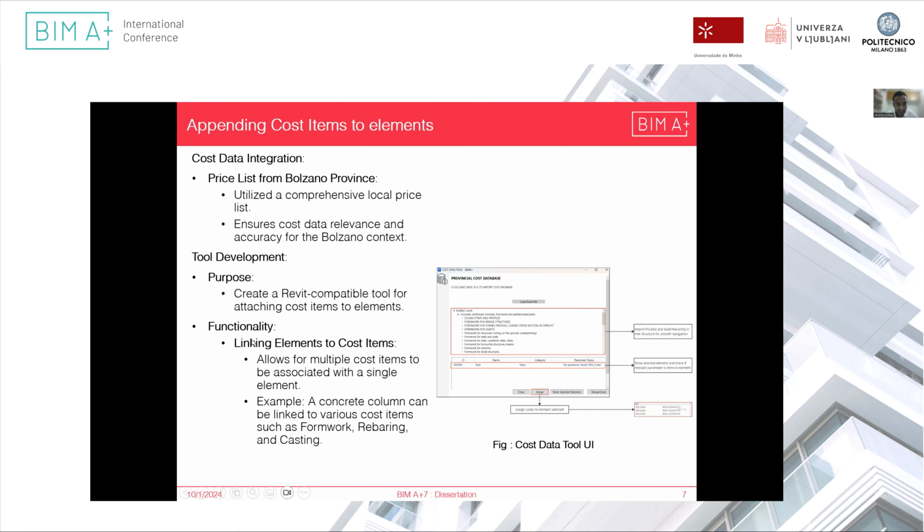So the functionality of the tool is allowing the user to link multiple cost items to a single element. For example, a column can be linked to various cost items such as formwork, rebarring, and casting.